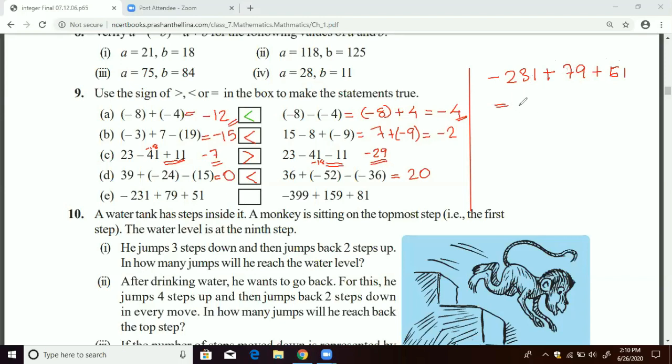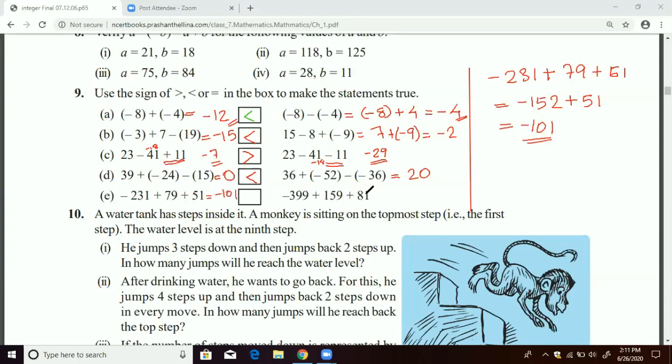The difference will be 152, and the sign will be negative. Then we are adding 51 with this. For adding also, we are finding the difference. The difference is 101, and the greater absolute value is negative, so the answer is also negative. So here you can write negative 101.